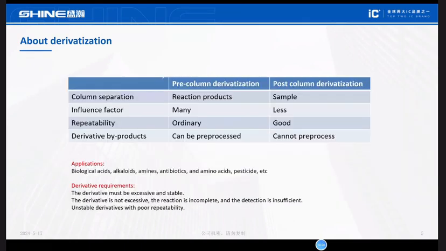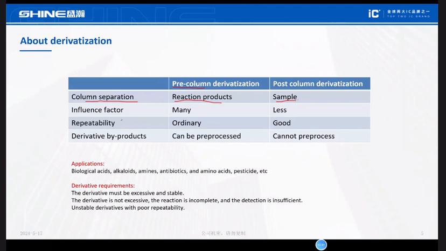This is the comparison of pre-column and post-column. Pre-column means that the reaction is already finished before column separation, so we detect the reaction compound. But for post-column, what passes through the chromatography column is only the sample. It's the same as others: we use the column to separate our sample.